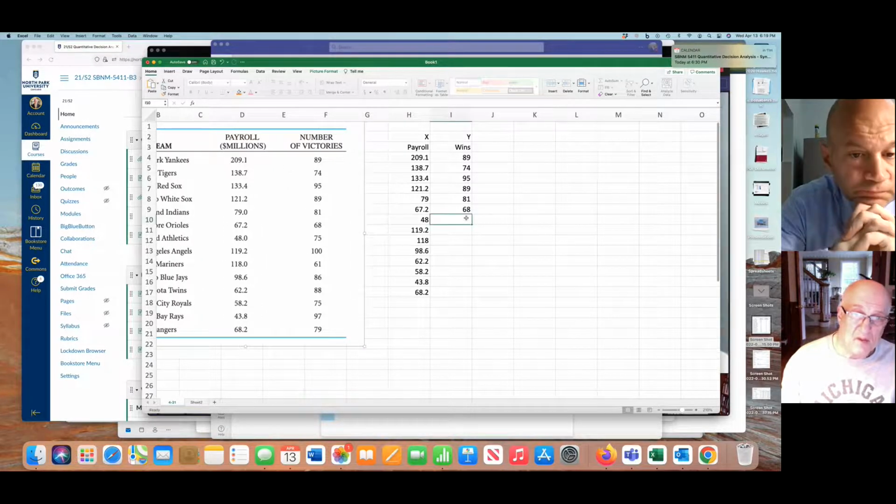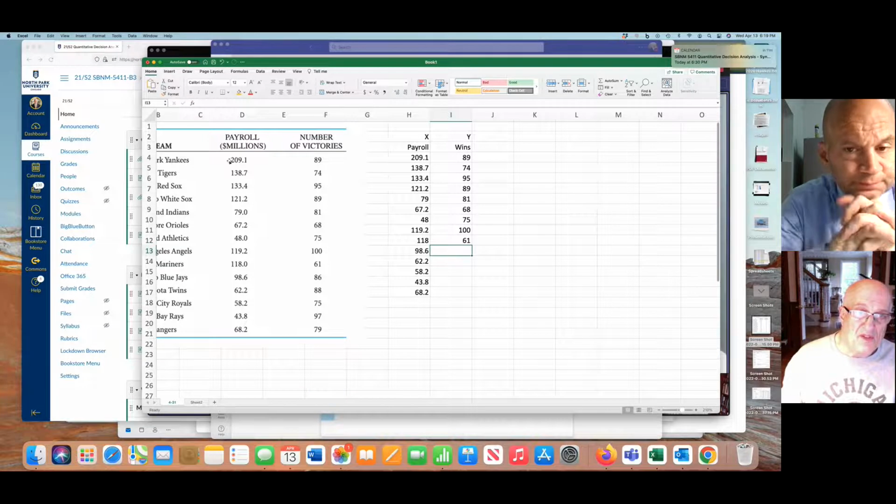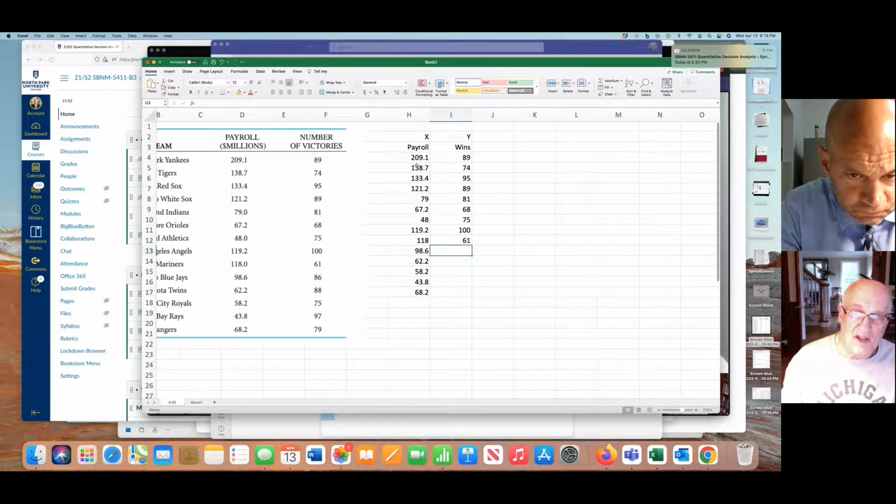So I have to make it numbers in Excel cells so that hopefully I have not fat fingered it and put bad numbers in here. They don't have to be in any order either. The matching sides have to match each other. So 209 has to match 89, 138.7 has to match up. But this order doesn't matter.